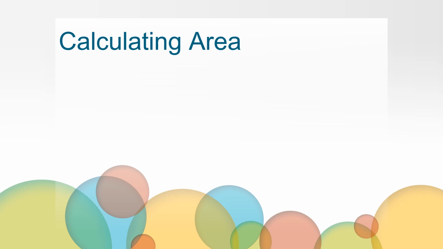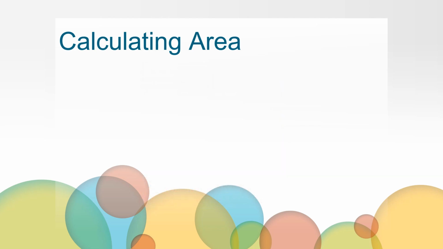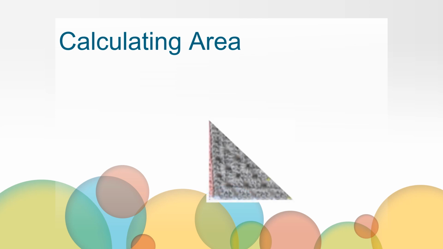Let's revisit my grandmother's quilt. I want to find the area of that gray triangle on her quilt because she wants to make more patches of this quilt, so I'm going to need some more yarn for her.